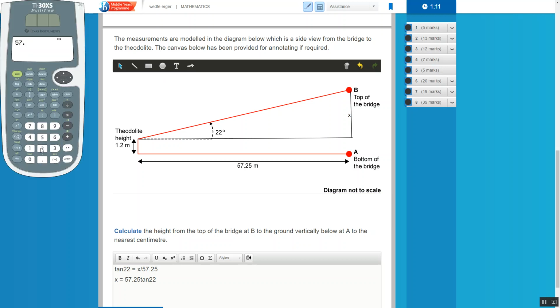Okay, so that gives us the height of the triangle. It's 23.13, and then we need to add on the height of 1.2.